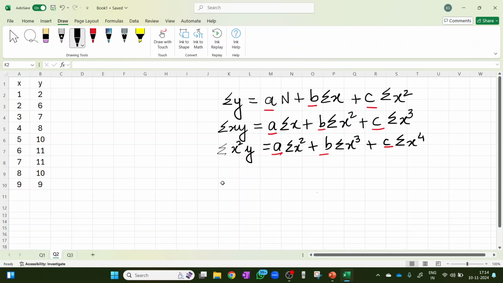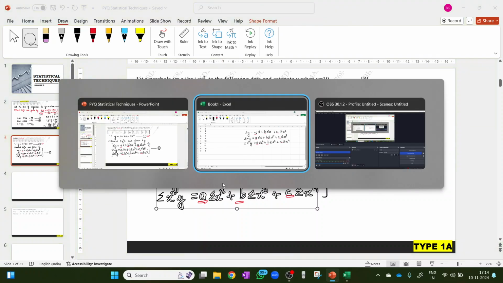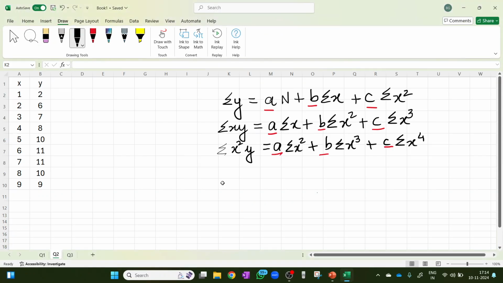Okay. And I've brought in these values of x and y from the table which was given in the question. Look at the table in the question. We had a horizontal table, x having 1 to 9 values and y having 2, 6, 7, 8, 10, 11, 11, 9, 10, 9. You can check this here as well. I've made a vertical table. So now let's look at the equation one at a time, and then accordingly we'll calculate the table.